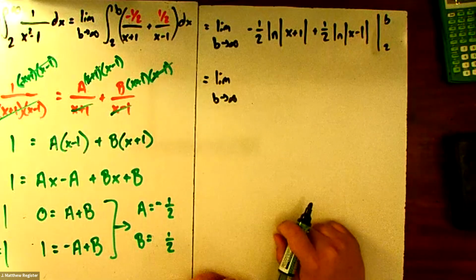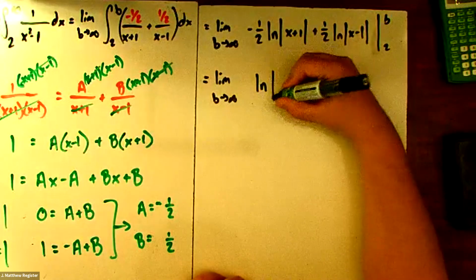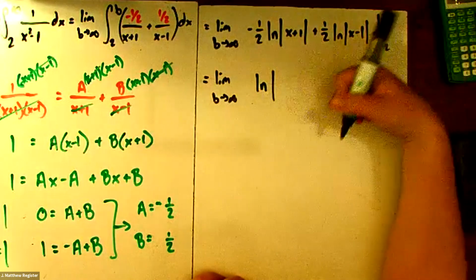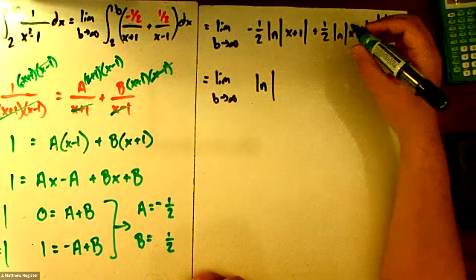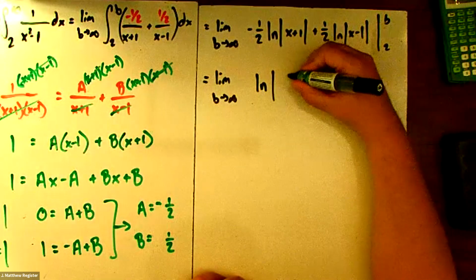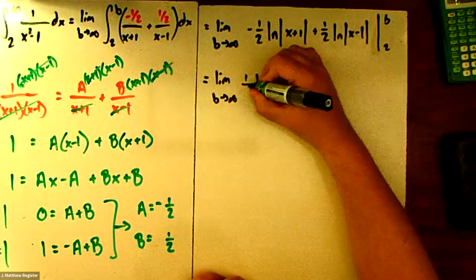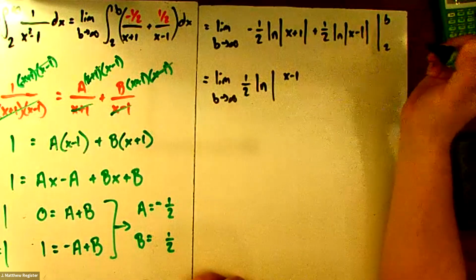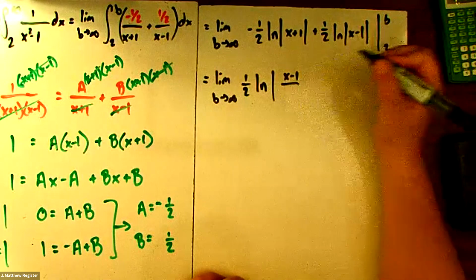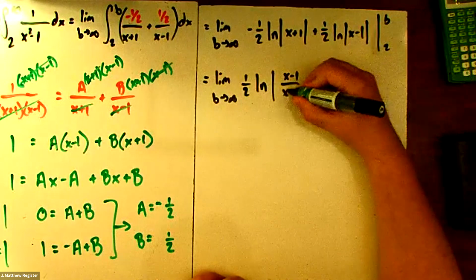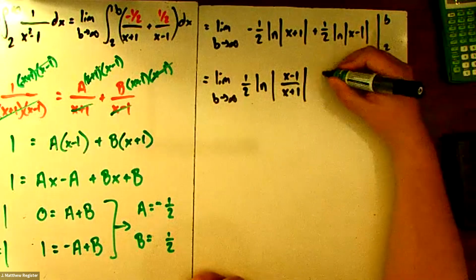And so we can rewrite this as the natural log of the absolute value of x minus 1 over x plus 1. I'm going to keep the 1/2 on the outside because I don't really want to deal with fractional exponents yet. That looks good.